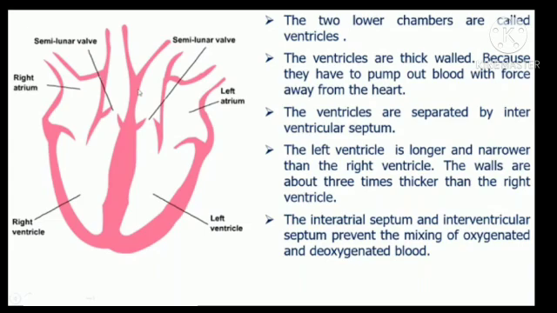Its walls are about 3 times thicker than the right ventricle. The interatrial septum and interventricular septum both prevent the mixing of oxygenated and deoxygenated blood. That is, they prevent the mixing of pure and impure blood in the heart.